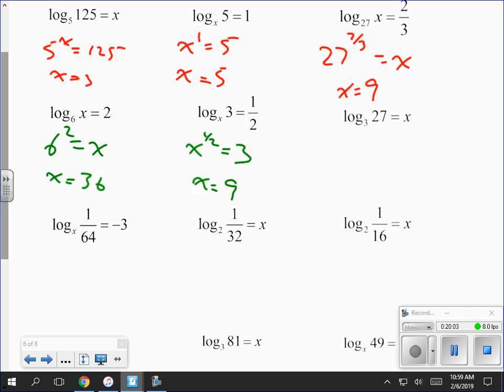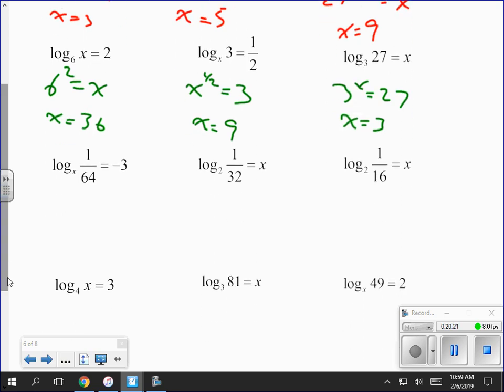Knowing what your exponents are really helps. 3 to the x is 27. What cubed gives me 27? 3 cubed. So x equals 3. Okay. Log base x of 1/64 is negative 3.